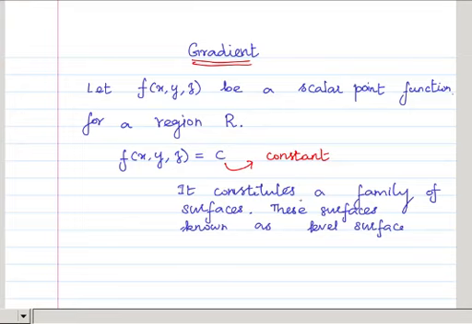So I have a scalar point function on R, and when I set it equal to some c, it gives us some surfaces. These surfaces are called level surfaces.